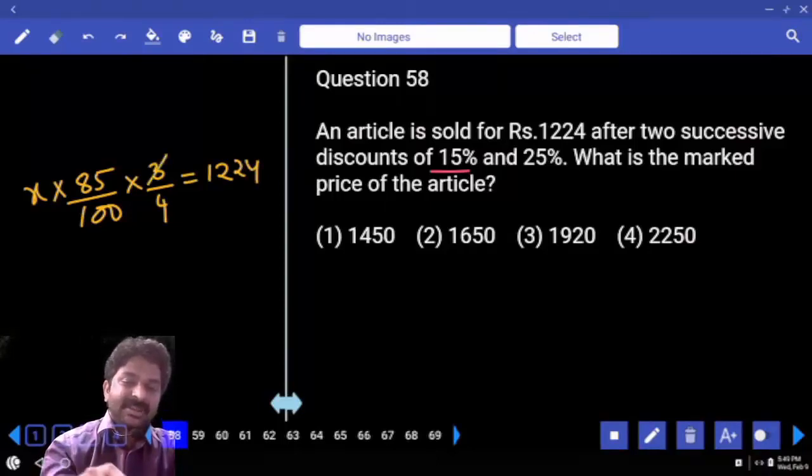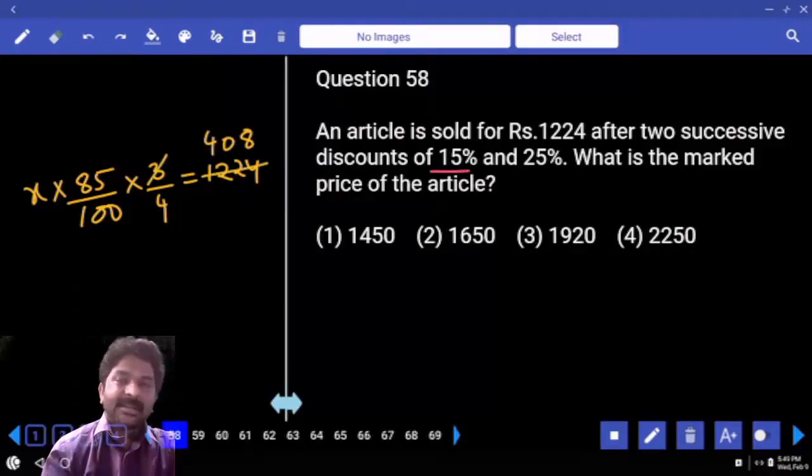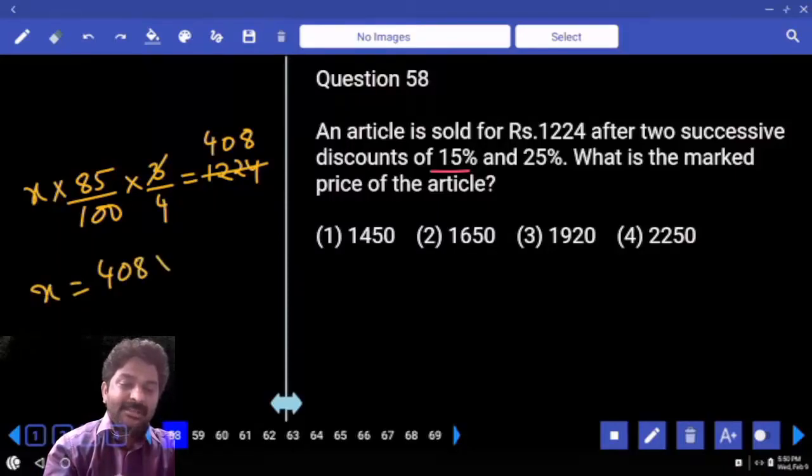Okay, cancellation. 3, 4, 0, 8. Correct? Then X is equal to 408 into 100 into 4, divided by 85.